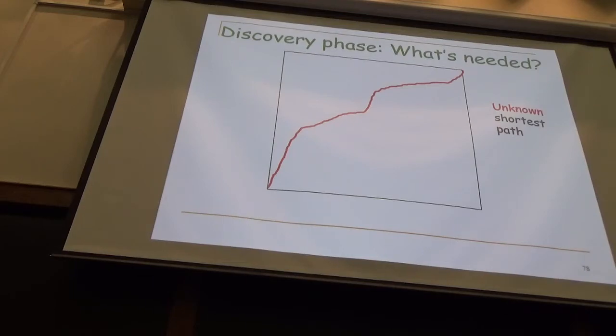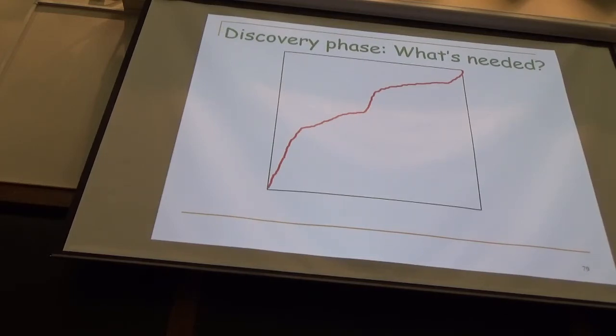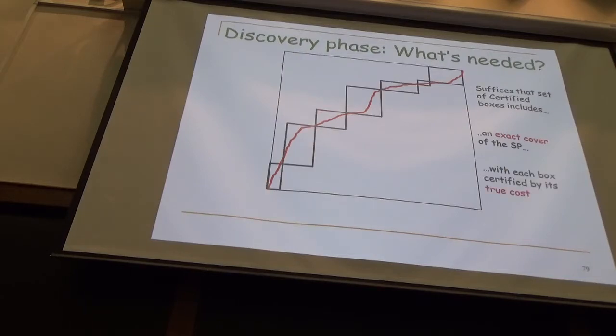So we have an unknown shortest path. And it suffices that the set of certified boxes includes an exact cover of the shortest path. Now I don't know where the shortest path is, but if I happen to be lucky and find boxes which cover the shortest path in this way, then I compute the cost of each of them.